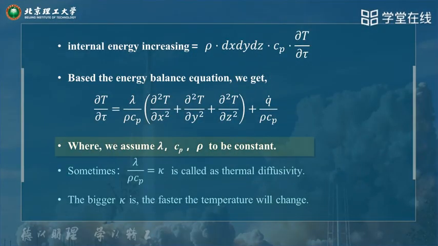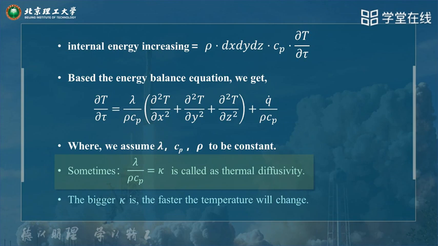Here we assume lambda, Cp, rho are all constant. For convenience, sometimes we take lambda over rho Cp as kappa. We can call it thermal diffusivity.